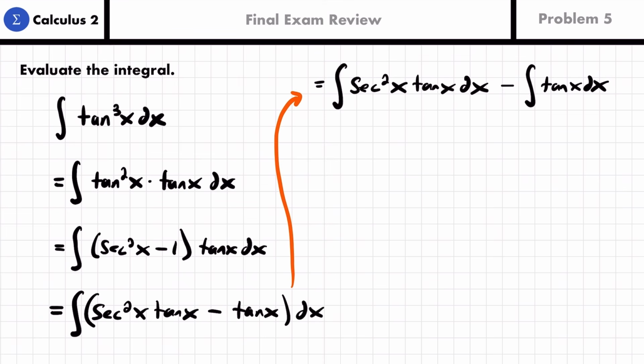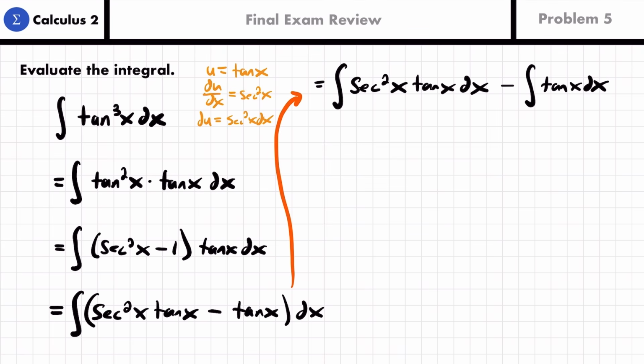I'm going to use u substitution on this integral. I'm going to let u be equal to tangent x. So du/dx, or the derivative of u with respect to x, is secant squared x. And so then solving for du, du is equal to secant squared x dx. Okay, I just multiplied both sides of the equation by dx.